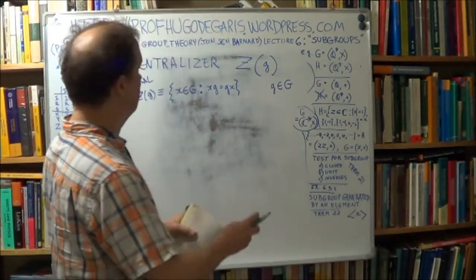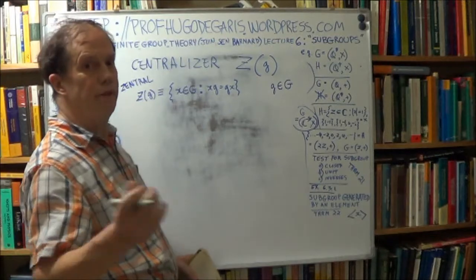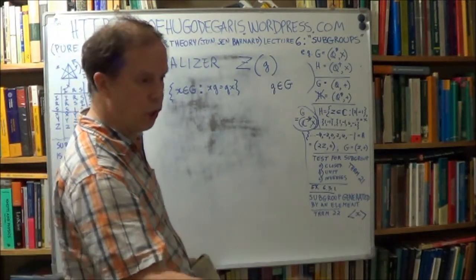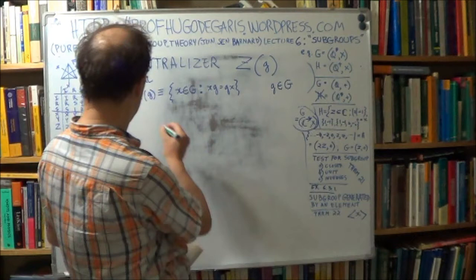So we have to prove closure. What does that mean?